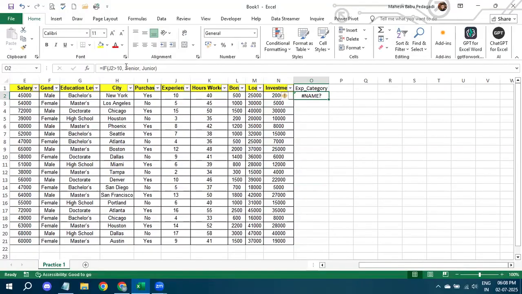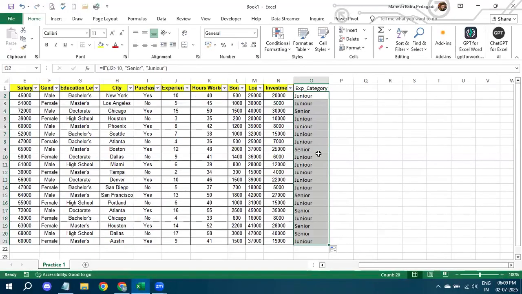Perfect. For string data, we need to mention the quotations. For numerical data, do I need to mention quotations? No. When I hit enter, senior, junior. Okay, guys, clear? How to create an if condition?